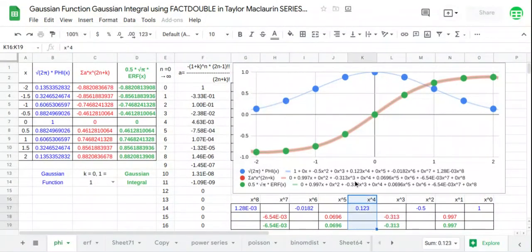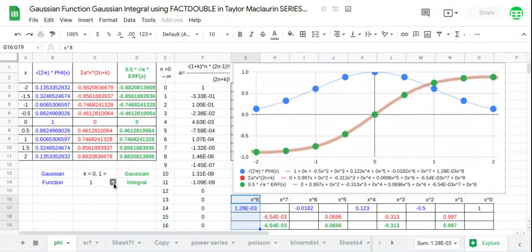Coefficient of x to the fourth, 0.123, and this is 0, 0. Coefficient of x to the fifth, 0, 0.0696, 0.0696. Coefficient of x to the sixth, minus 0.182, 0, 0. X to the 7, that's 0, 0, 6.54 times 10 to the minus 3. Coefficient of x to the 8, 1.28 times 10 to the minus 3, 0, 0.